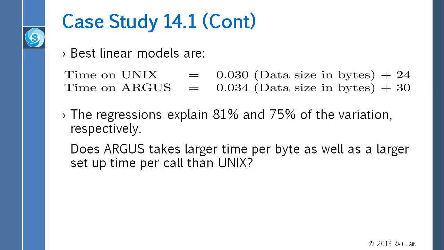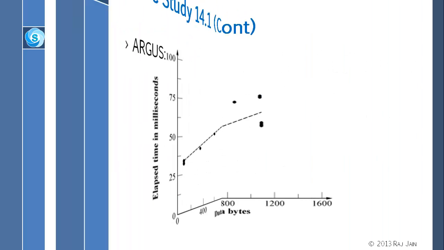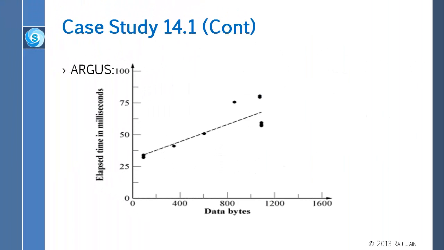So time on Unix is this and time on Argus is that. The regression explains 81% in the case of Unix and 75% in the case of Argus, and you can see why. In the case of Argus, the errors are large, so the model is not that good.